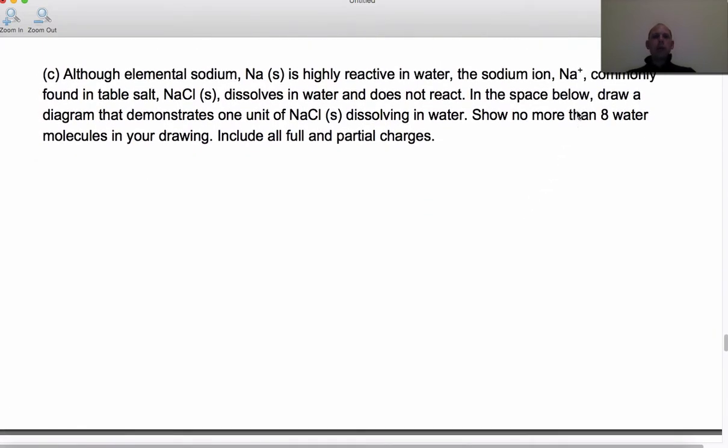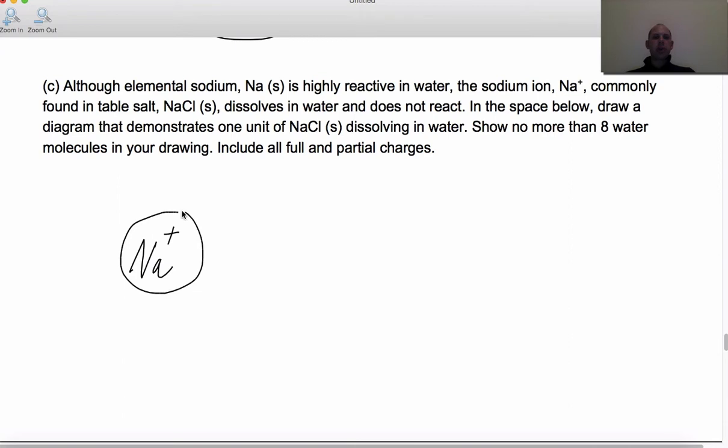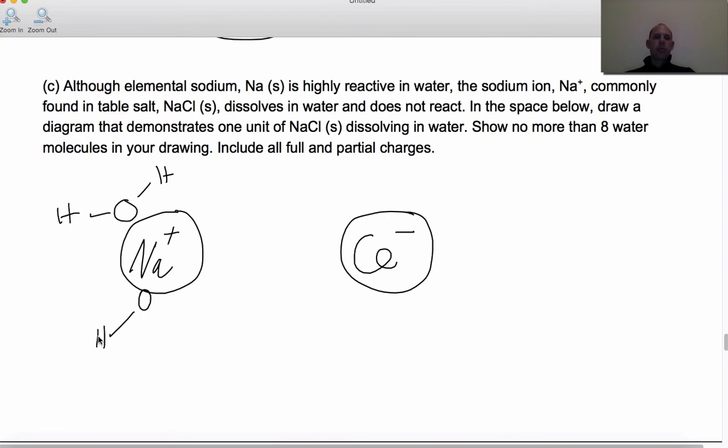Okay. They want us to show NaCl dissolving in water. So we know that NaCl, when it dissolves in water, is going to break into ions. And we know that the water molecules are going to surround it. I'm drawing it this way because this is the partially negative and this is the partially positive.